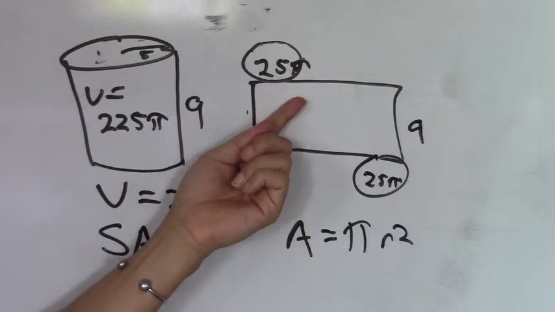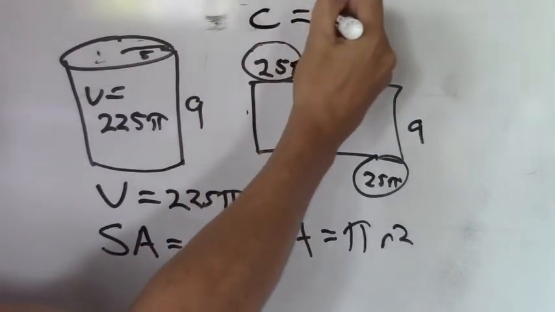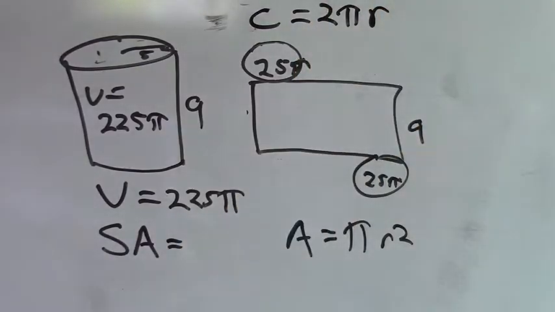C equals 2 pi r. Write that down again where you can find it easily. Can you see that you kind of need to know that? You've got it hidden in your notes. Put it on the top of your page. Circumference equals what? Circumference equals 2 pi r.